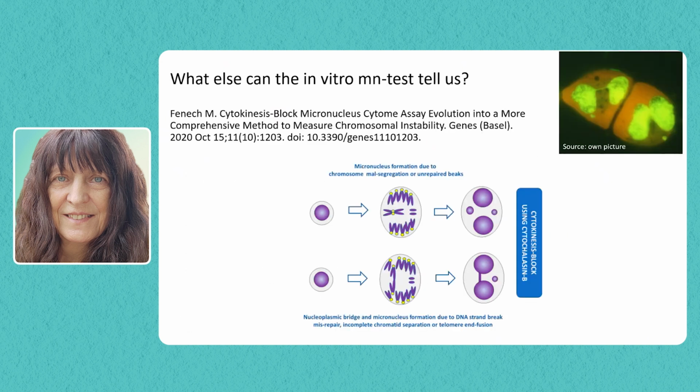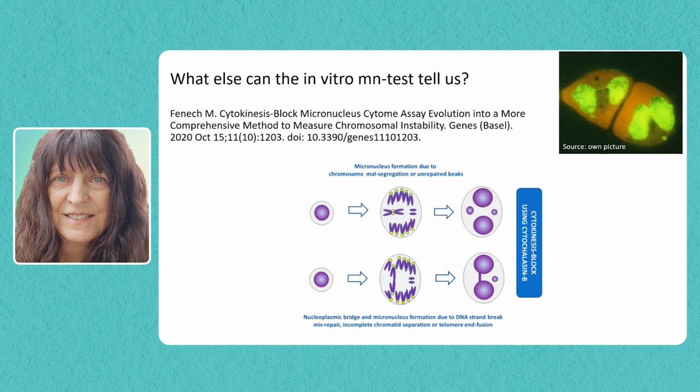So what else can the micronucleus test tell us? It can tell us even more. You can assess, for example, the occurrence of so-called bridges, chromatin bridges. And chromatin bridges, they can form because of certain repair events or incomplete chromatid separation or telomere end function, for example, inhibition of DNA methylation or topoisomerase II.